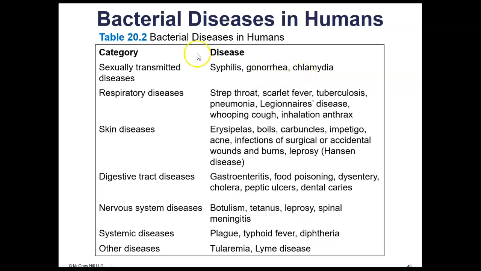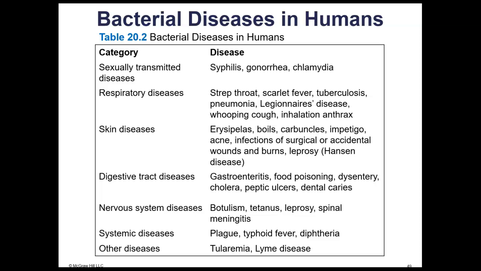These are all bacterial diseases. They're caused by bacteria, so they can be treated with antibiotics, whereas viruses cannot. Just make sure that you look at these tables and that you can recognize any disease and whether it's caused by a bacterium or by a virus, okay?